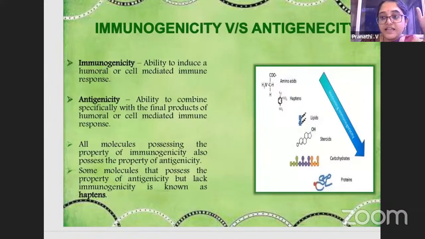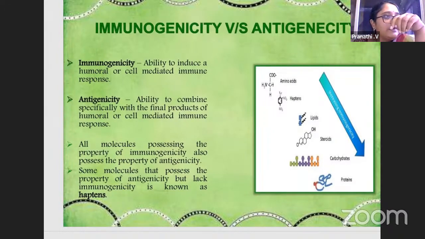So what exactly are immunogenicity and antigenicity? Whenever there is a humoral or self-mediated immune response happening, it is known as immunogenicity. If you have production of different kinds of antibodies taking place along with the complement system or opsonization, that is known as antigenicity.